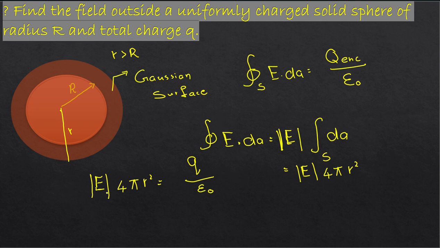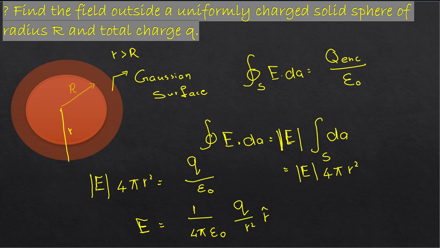On solving this, we get E, the electric field outside the sphere due to the sphere. We can write this just like Coulomb's law: E is equal to 1 by 4 pi epsilon zero into Q by r squared into r cap.